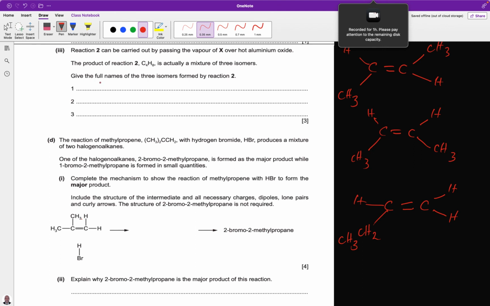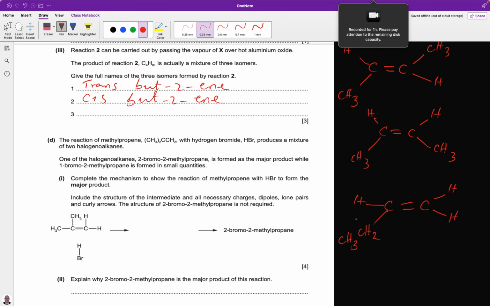If I were to name the first one, I would say this one is the trans isomer, trans butene. The second one, I will say it is cis butene.